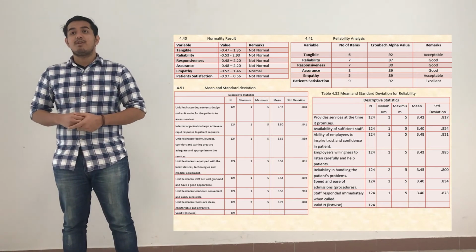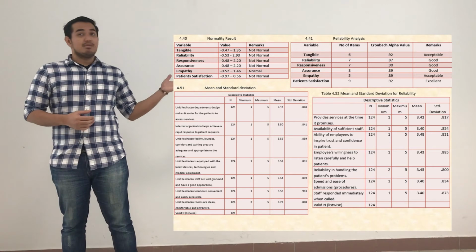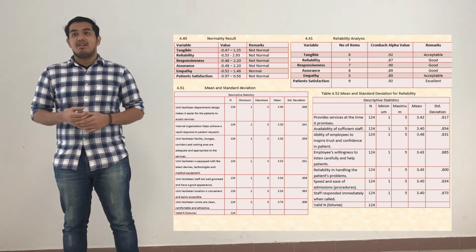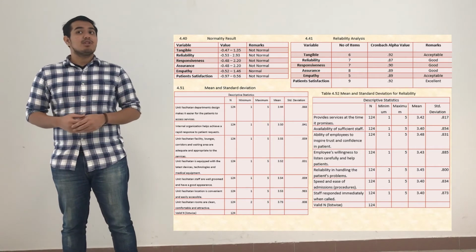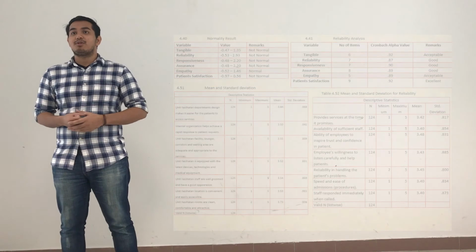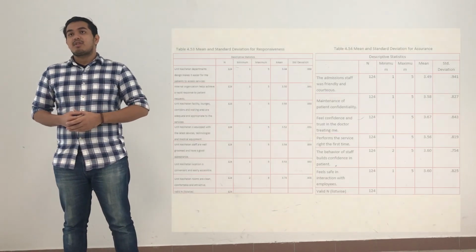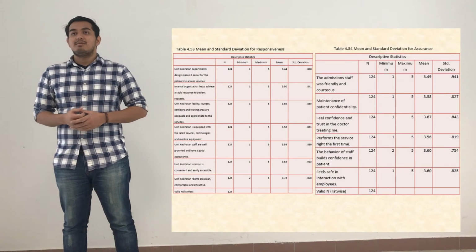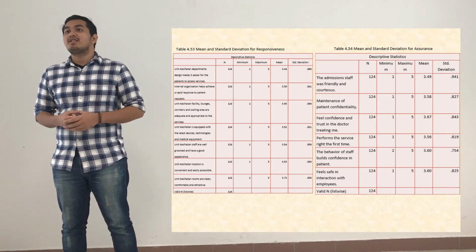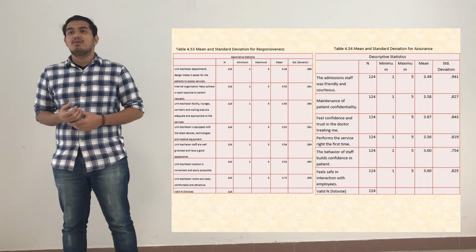Based on Table 4.51, the mean score for tangible is 3.55, and on Table 4.52, the mean score for reliability is 3.42. Based on Table 4.53, the mean score for responsiveness is 3.52.